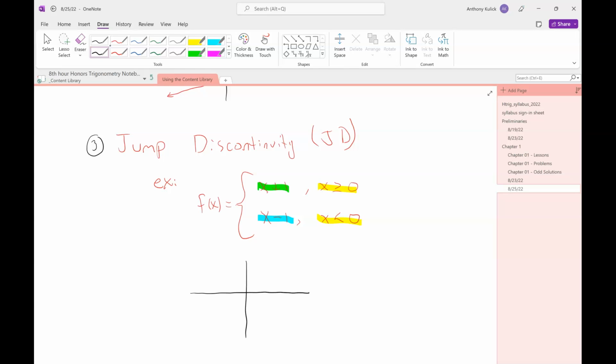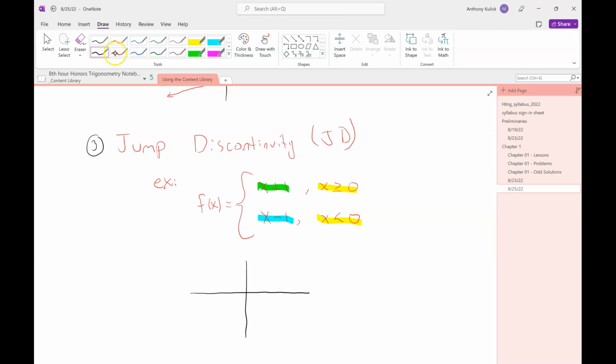It's linear, right? It's a line, yes? How many points do I need to graph a line? 2. Now, I have to be a little bit careful here because does this line go on forever in both directions? No. It stops at what value? 0. Or I guess in this case it's starting at 0.